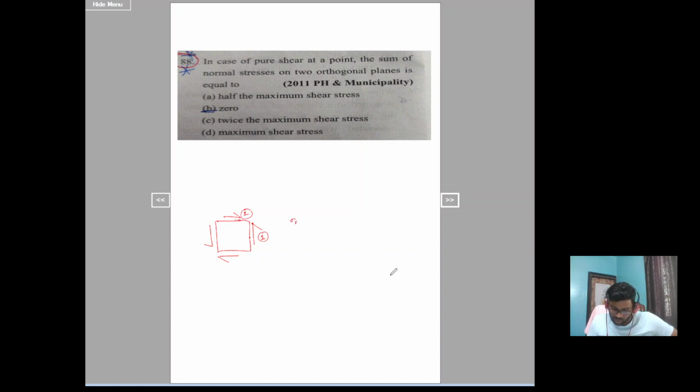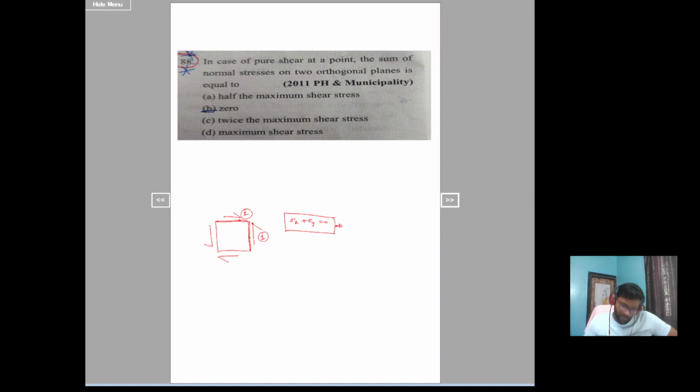That is 0. So sigma x plus sigma y is 0. So on any two perpendicular planes on this element, the summation of normal stresses should be 0.